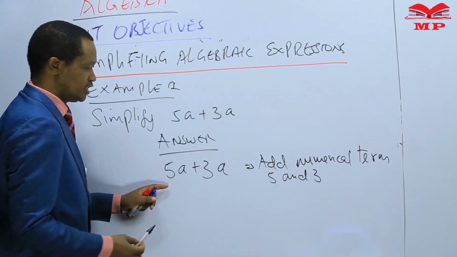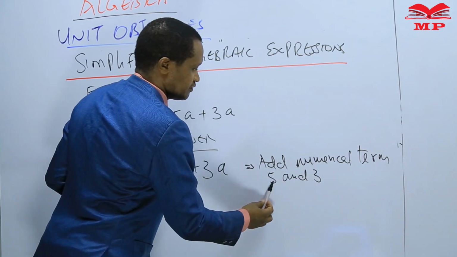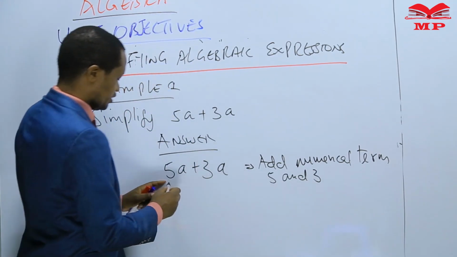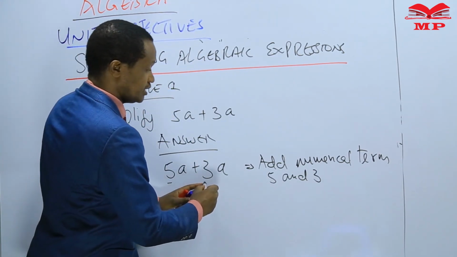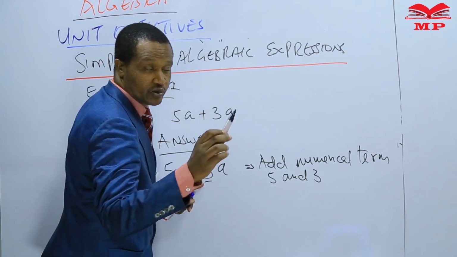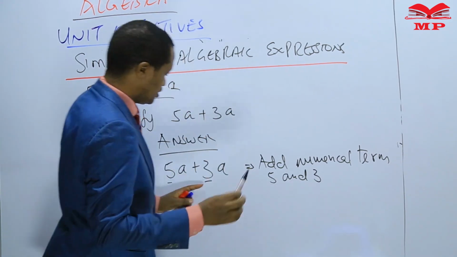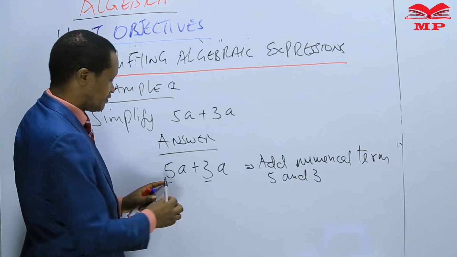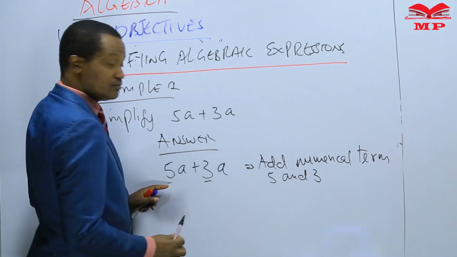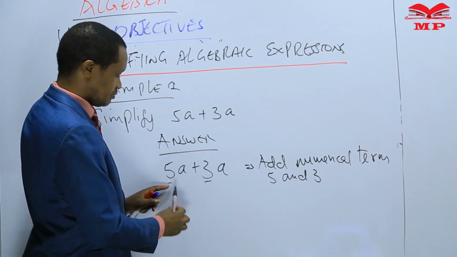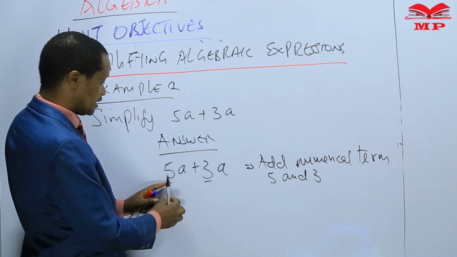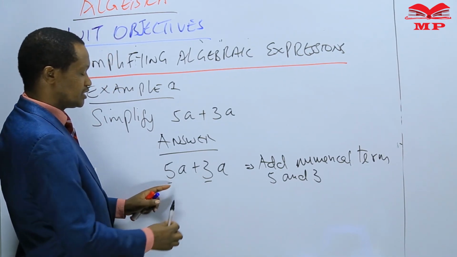We add the numerical term 5 and the numerical term 3. Numerical means numbers. We add the numbers 5 and 3. Because remember, this algebraic expression has numbers, it also has a letter.